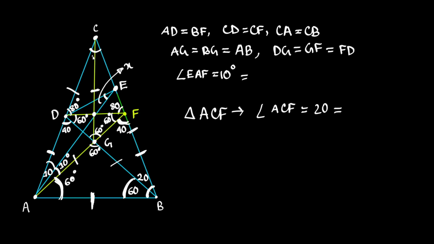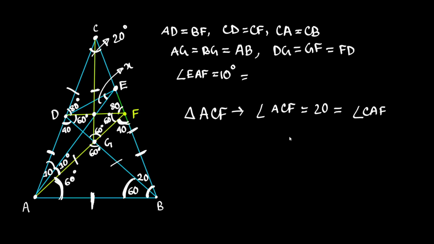We found this out in the first step. So ACF is 20, and as EAF is 10, that means CAF is 20.